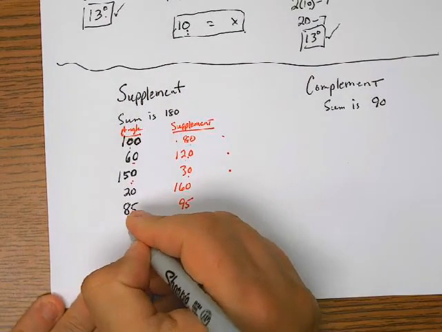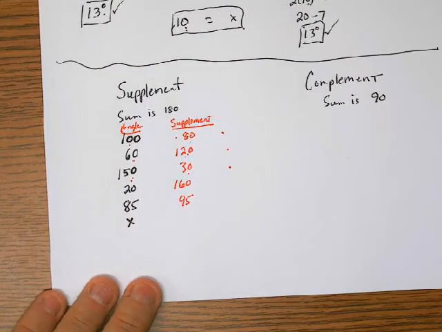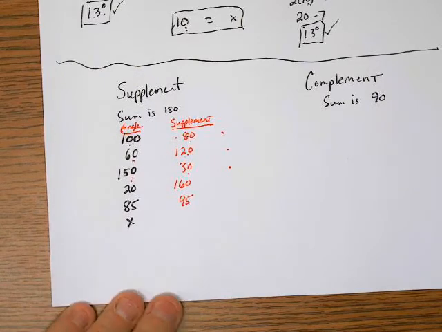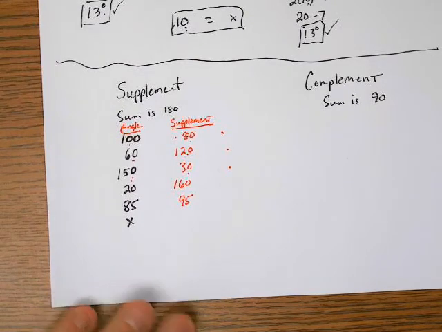One of the angles is X. Anybody? Chase? Hope? Okay, we're doing 79. Okay, close. That's not a bad idea, but we don't know the value of X.